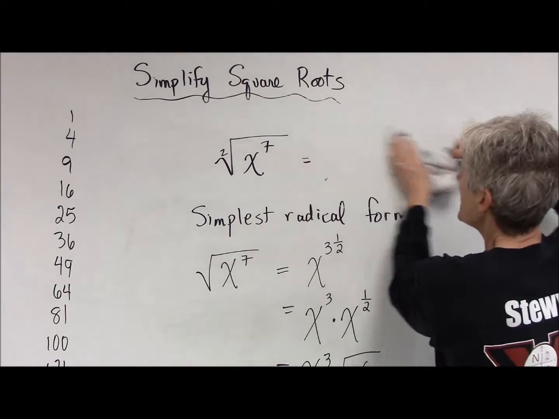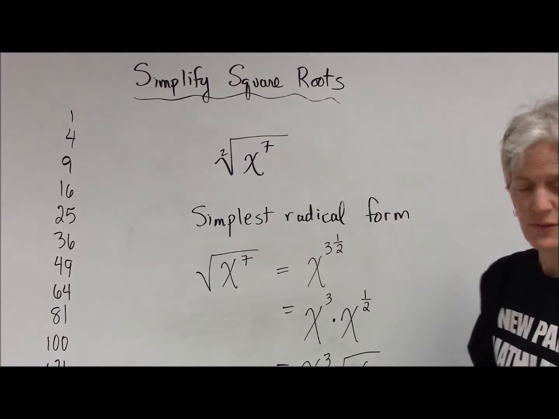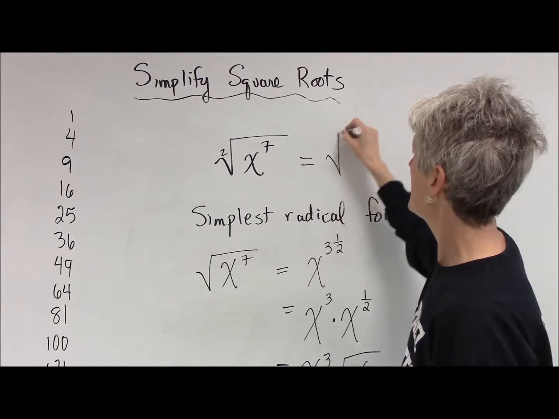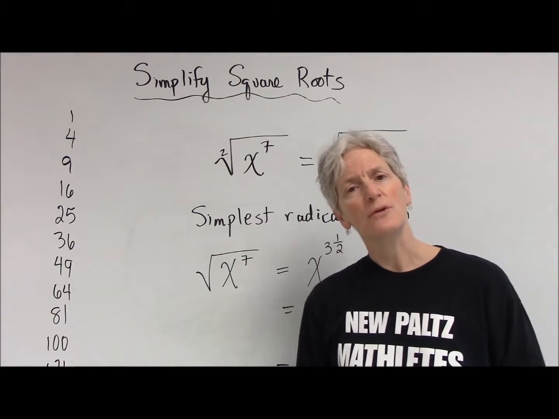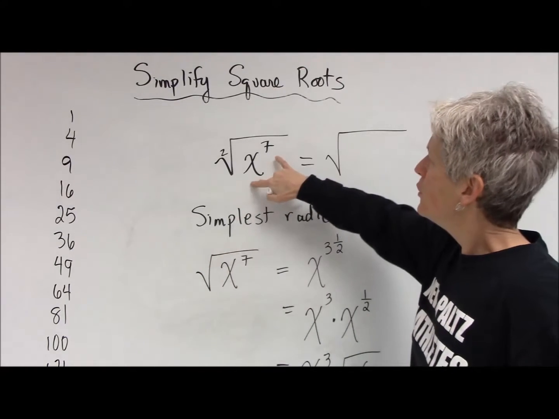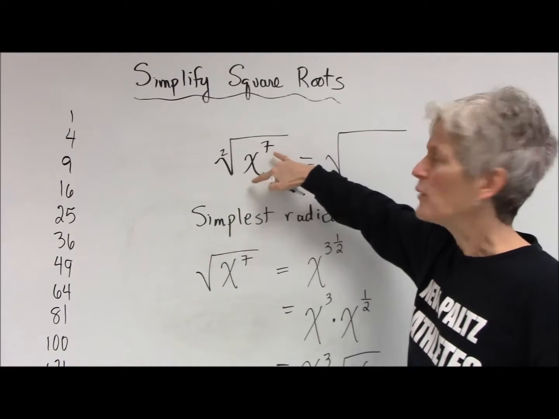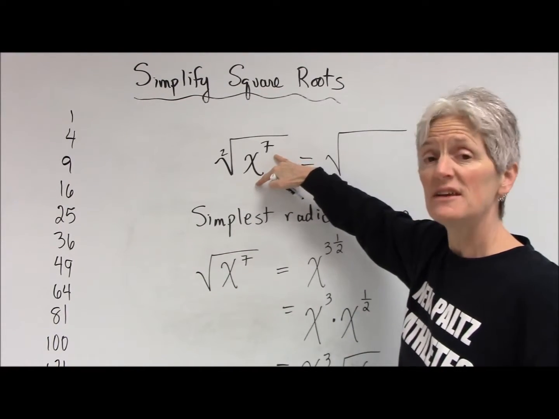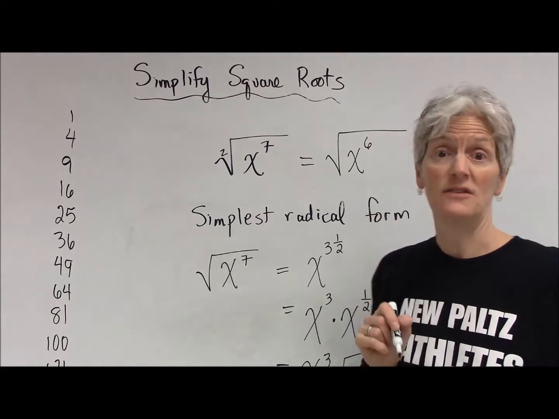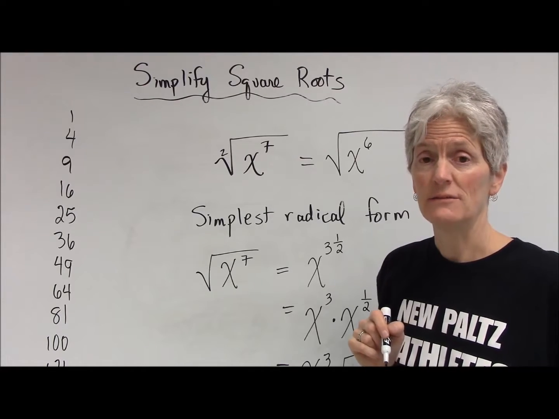All right, so if I'm wanting to write this in simplest radical form, another strategy is to think like what we did with the square root of 200. Think to yourself, what would be a perfect square? What's a factor of x to the 7th that is a perfect square? Oh, well, x to the 6th is a perfect square, right?